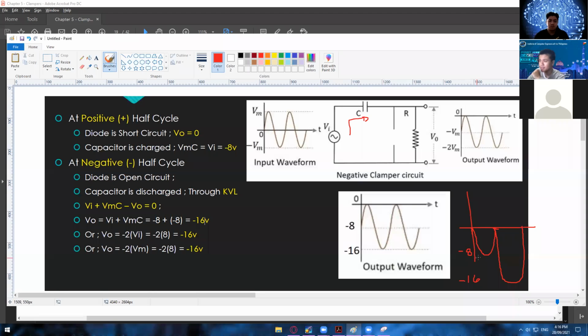Okay, so lagi namang ganun as usual kapag inuna nyo yung cycle na hindi pa siya magcha-charge. So that is why we always go with the half cycle where the capacitor will be charged first. Okay. So it's just the first one that will stay as -8, but the others will stay -16. So dire-diretso na yun.